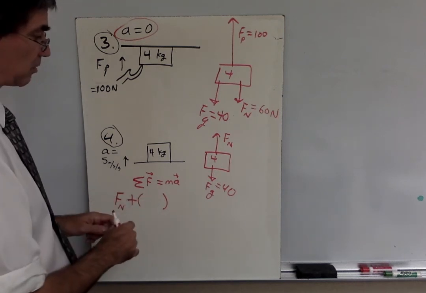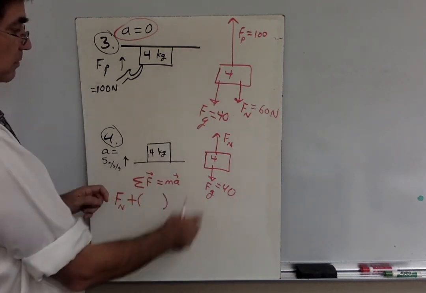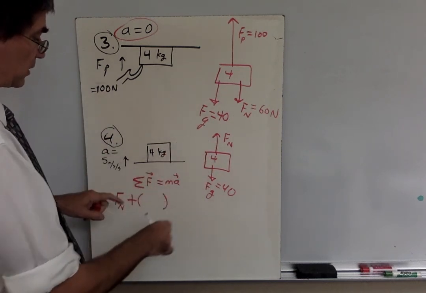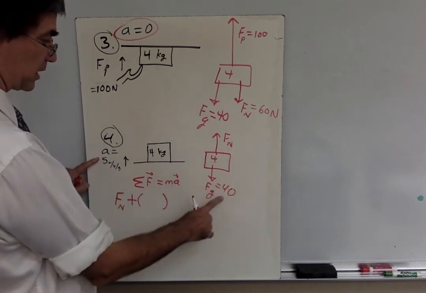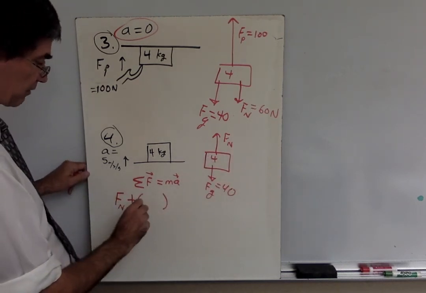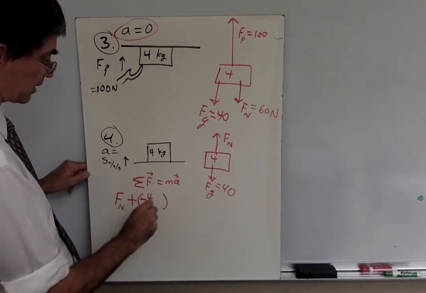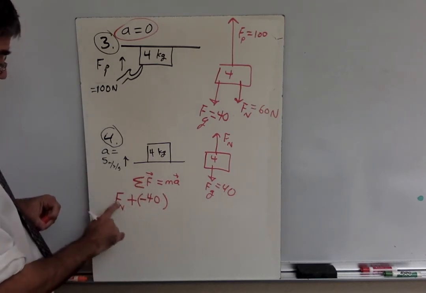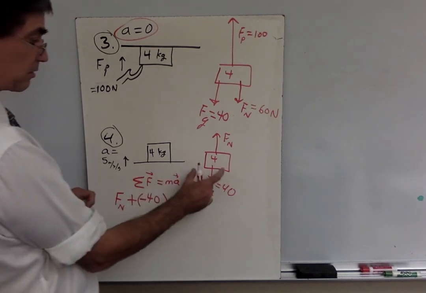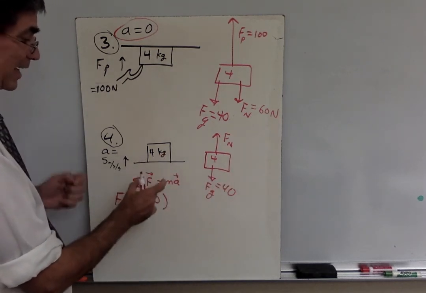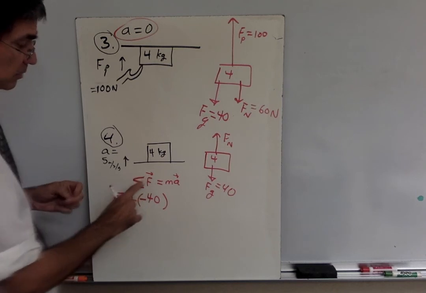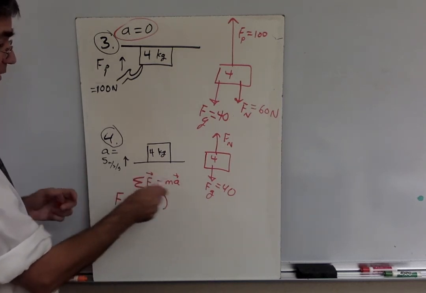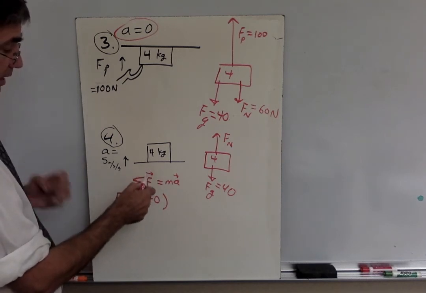How do I show that in the equation? Since this is only in one dimension, we're going to show up with positive and down with negative. So that means this is positive and that's positive, but this is negative. So to say plus gravity, I don't write plus 40, I write plus negative 40. That's what it means with a vector equation. You're adding the forces, this force plus that force, but this gravity force in this equation is negative 40, because that little arrow there means you have to take direction into account. This natural law is only true if we take direction into account when we look at force and acceleration.